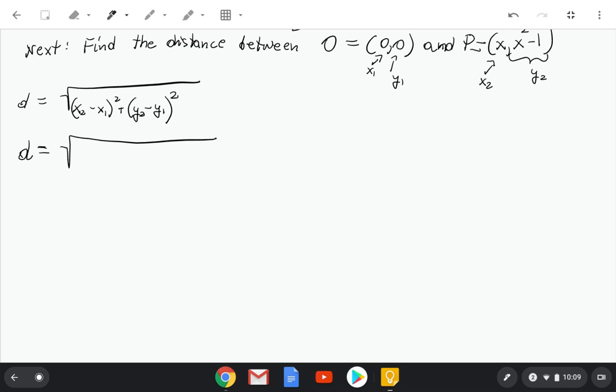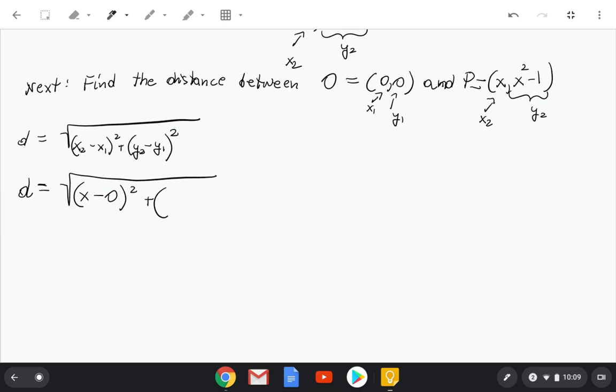x2 minus x1. So x2 is x. So we have x minus x1, which is 0, squared, plus y2. So y2, it's x squared minus 1, so y2 minus y1 is x squared minus 1 minus 0 to a second power.